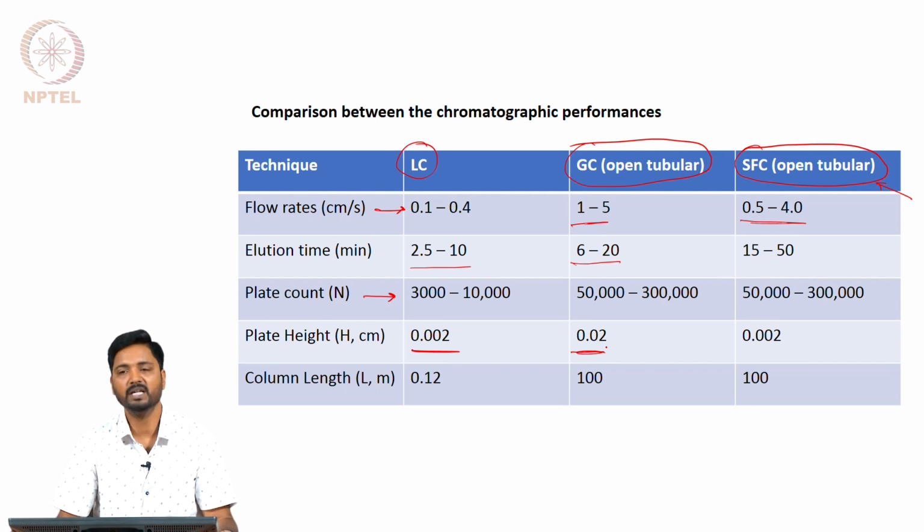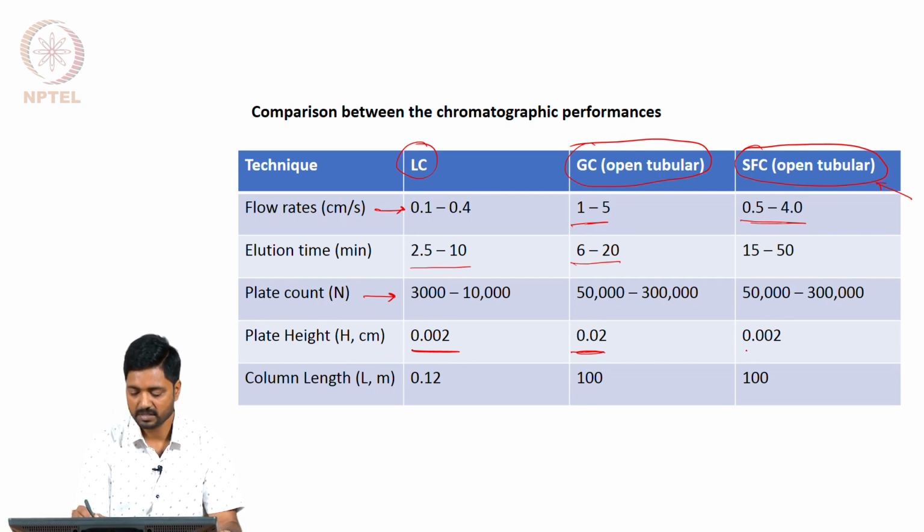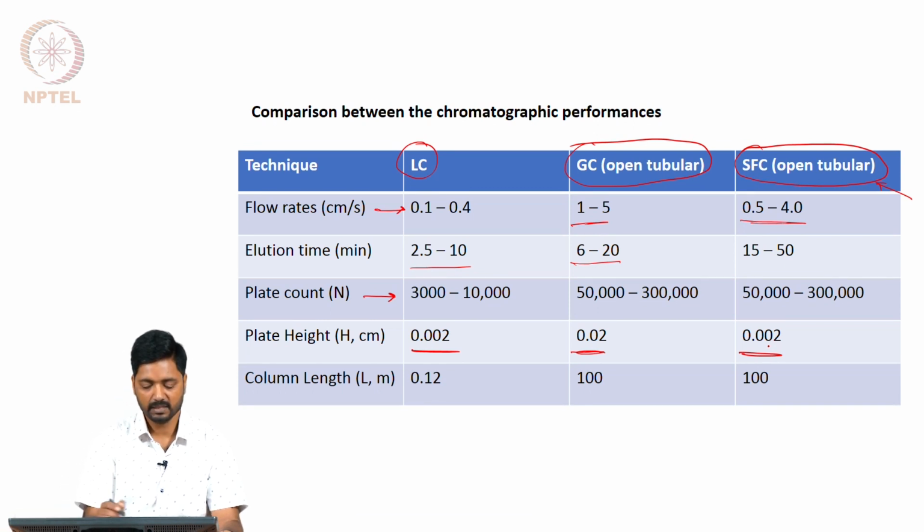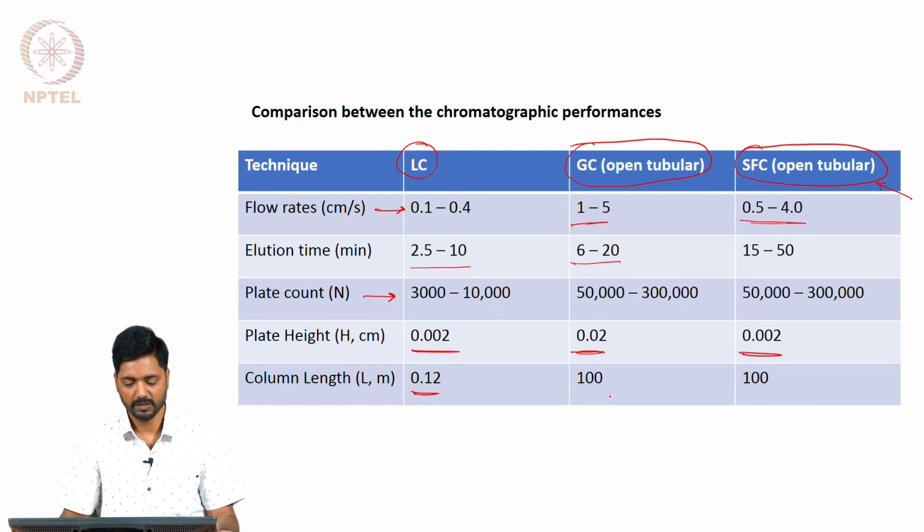And finally, in the supercritical fluid chromatography, enhanced solvation of the analyte results in much lower plate heights and hence very efficient separations. So, the column length again is listed here. It is the smallest for the liquid chromatography system, and the columns can be really long in case of both gas chromatography and supercritical fluid chromatography.